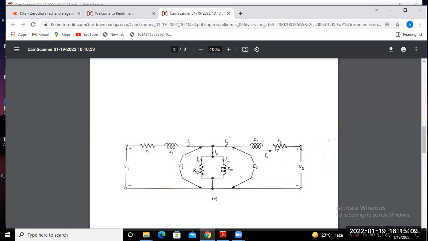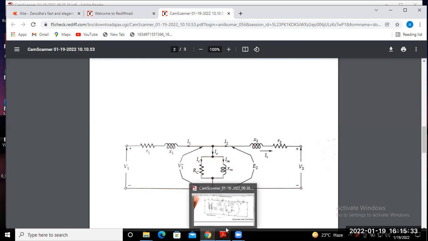So we can calculate the equivalent resistance, and X1 and X2 in series, whether the shunt branch is placed here or here. The equivalent resistance can be represented as R1 plus R2 dash and X1 plus X2 dash. So the circuit looks like this.